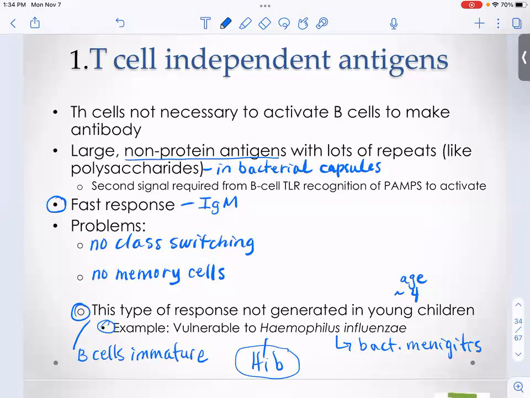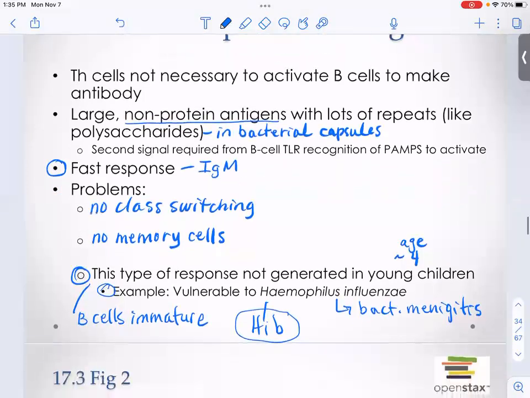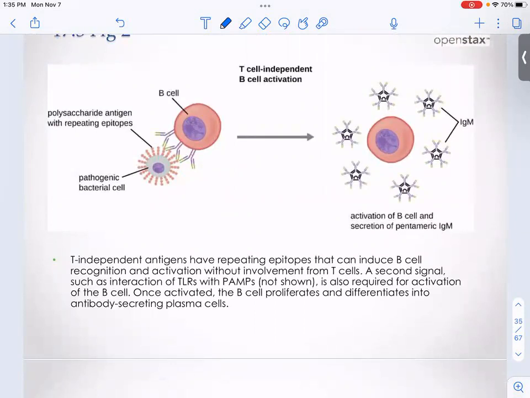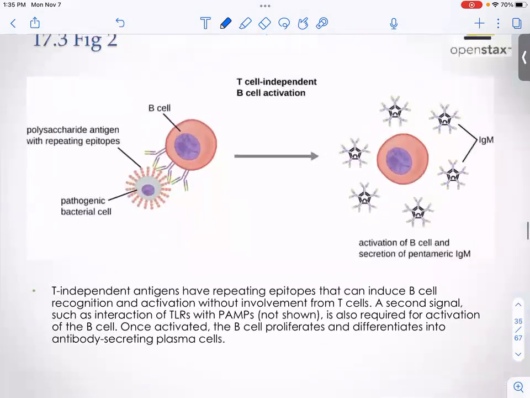This type of antigen is a little bit less common, but they do have a different response. Here's a graphic. Here's a B cell that's recognizing, usually, a polysaccharide antigen, maybe on the outside of a bacterial cell.